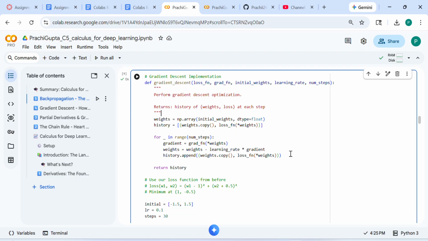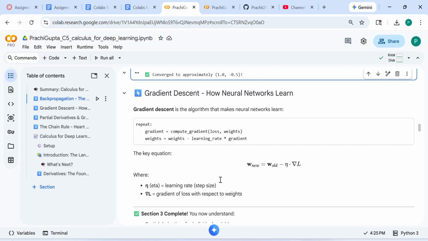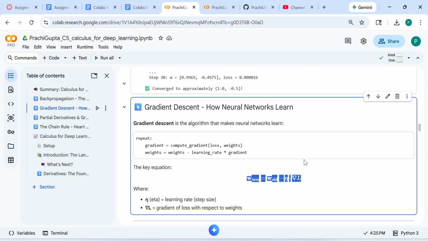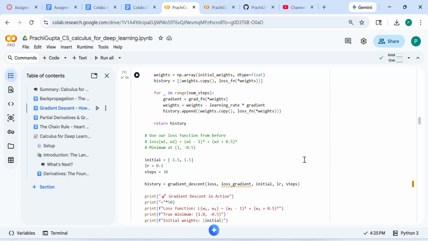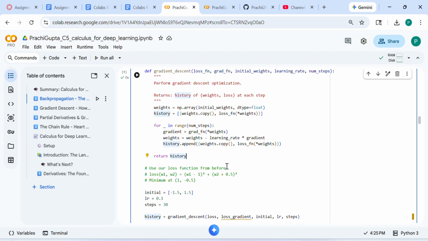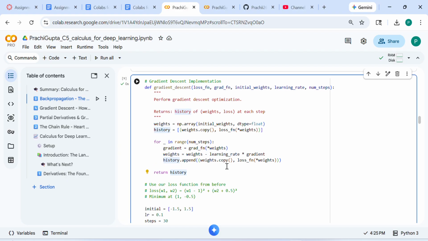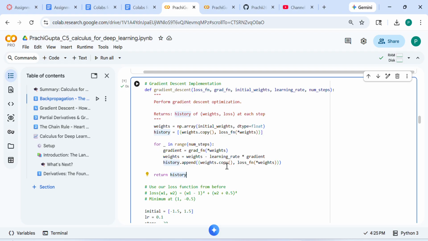It updates the weights by the same formula that we saw earlier: w new is equal to w old minus eta times the gradient. Once it calculates the weights, it stores each step in history, so we can plot the path later. This is the same update idea that we use when we train a neural network.